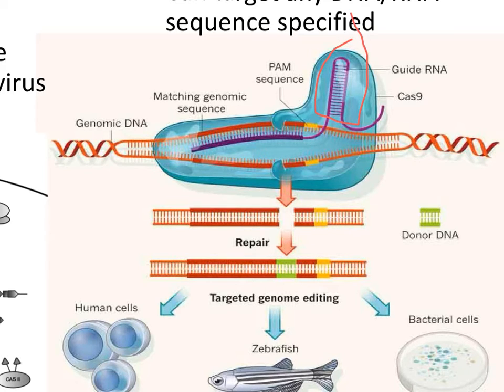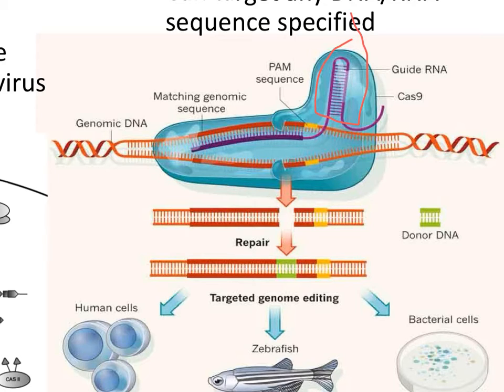Okay, so you've got this donor DNA in this case that you decided to put in, and you can then put it into targeted genome editing into anything you want, whether it's a zebrafish, a human cell, a bacterial cell, whatever. And then of course you can take that cell and get it to start to divide and form an embryo, and then you can have a whole line, let's say, of mice expressing that new trait, or what you hope is a new trait.